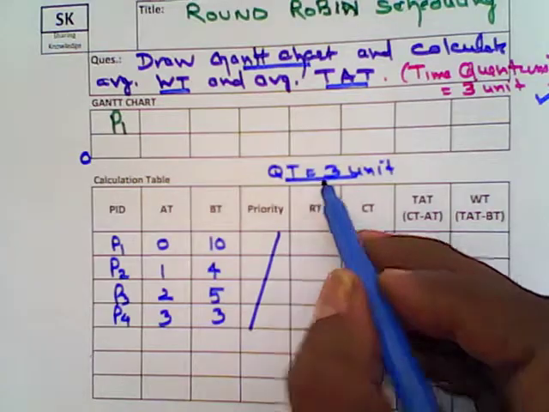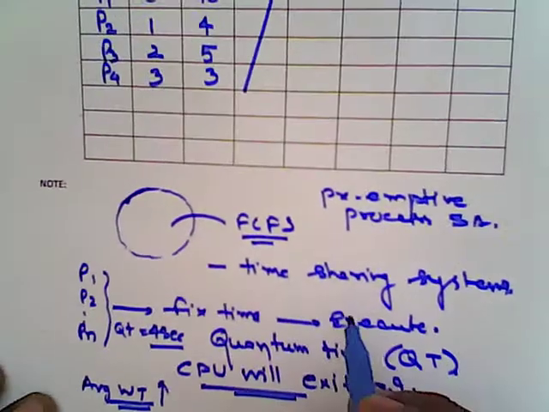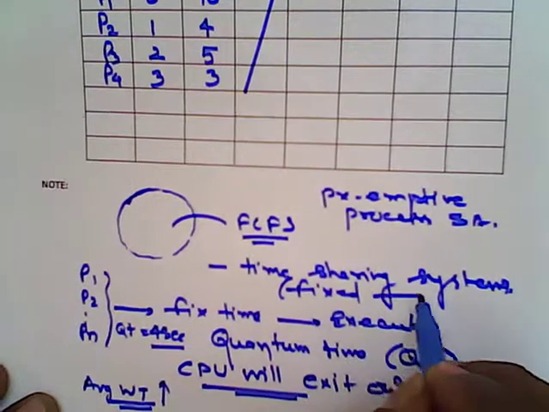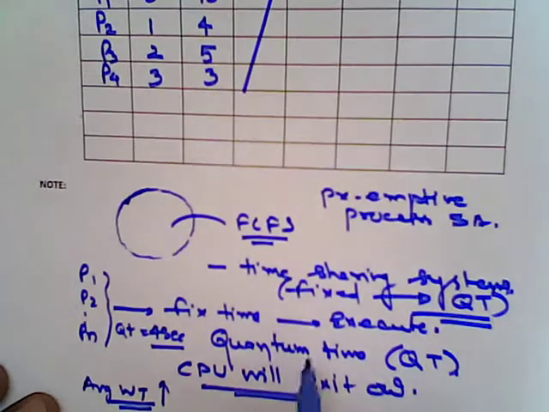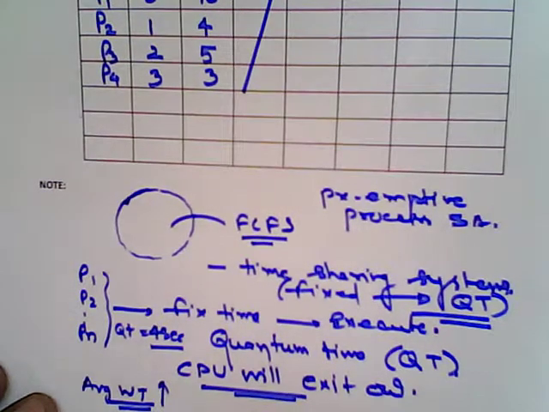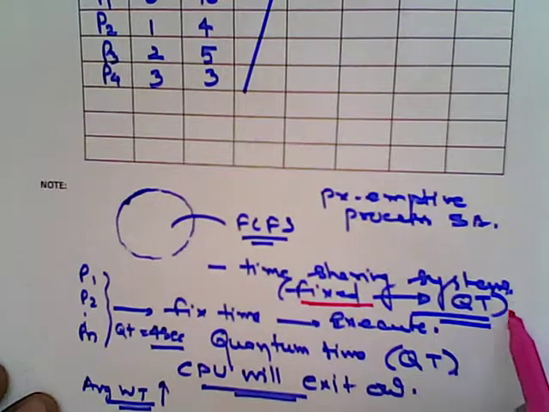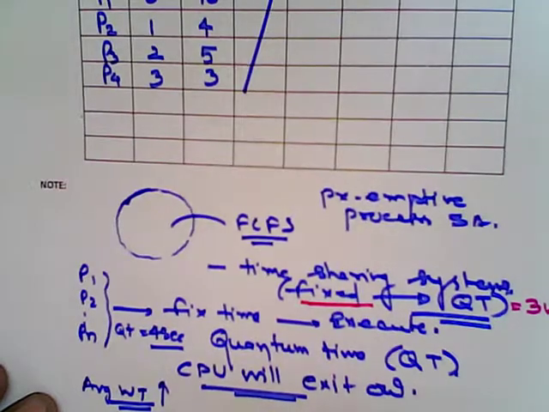You have to remember that a time sharing system is fixed based on QT. This is very important to understand. So you cannot take 1 or 2; you have to keep the fixed QT, which is equal to 3 units. Based on these 3 units, we calculate P1.